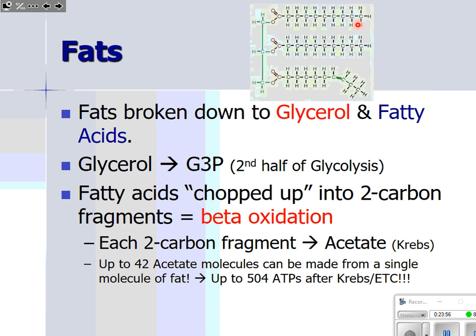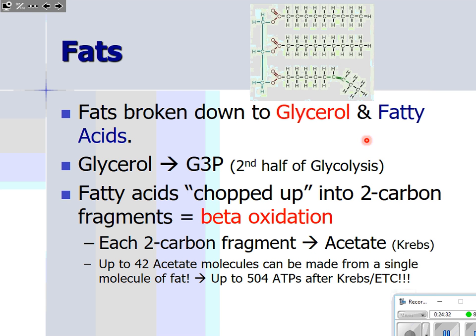I could chop this thing up into little 2-carbon chunks, 2-carbon fragments through a process called beta oxidation. And so each little 2-carbon chunk can now be converted into an acetate. So if you just try to sort of picture this, if I took these 2 carbons and made one acetate, then another acetate, 3, 4, 5, 6, 7, 8, 9, 10, I could probably make at least 15.